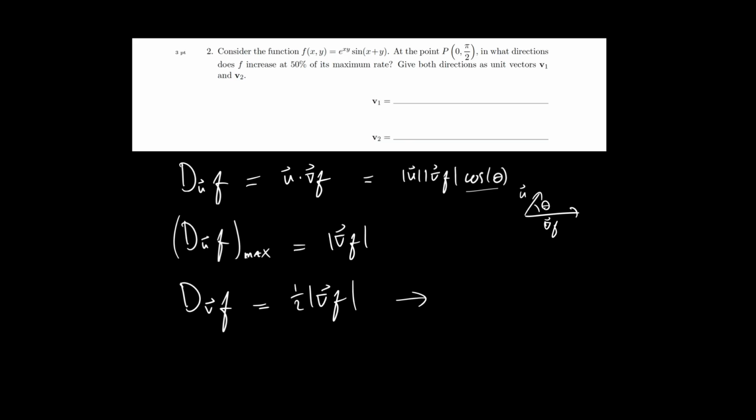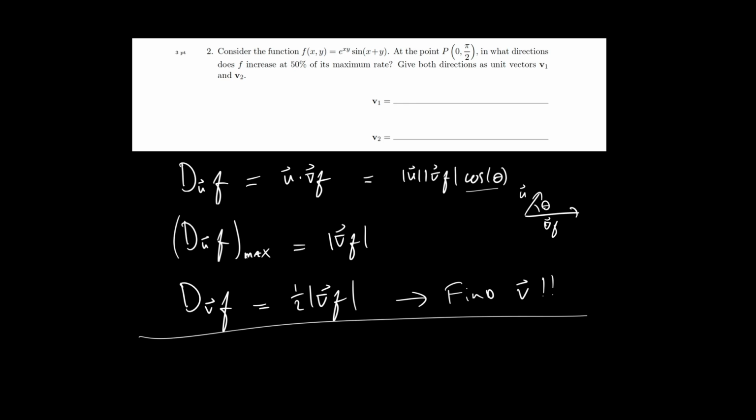Okay, so find v, that's our goal. All right, so just having had that reminder, now we should actually start calculating some things. So let's start by calculating that gradient at the given point. And then once we have found the gradient, we can see if we can solve for the vector v.